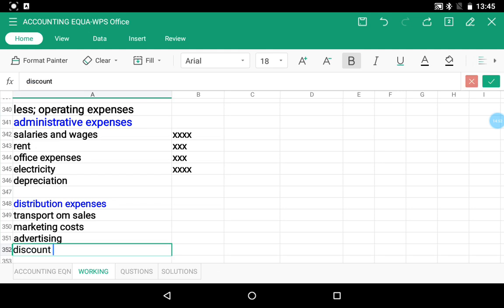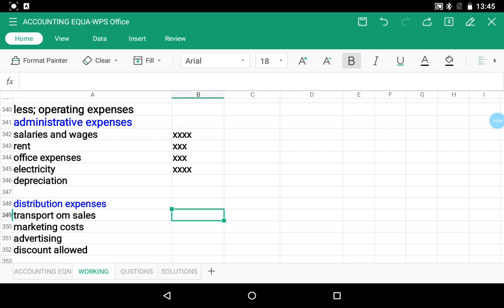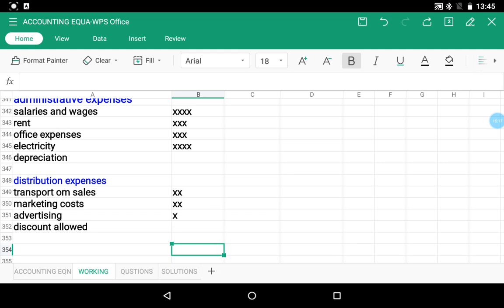Maybe you tell your customer that when you buy a lot of things or when you buy some goods, I will give you a discount. If you buy cash, I'll reduce the price. Those are discounts allowed. If your customers buy a lot of things, you give them a discount.